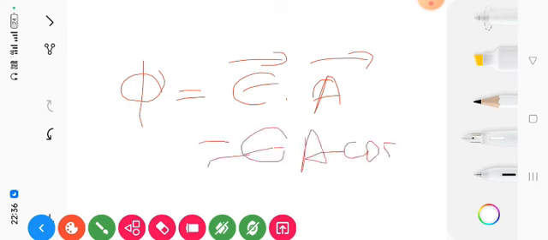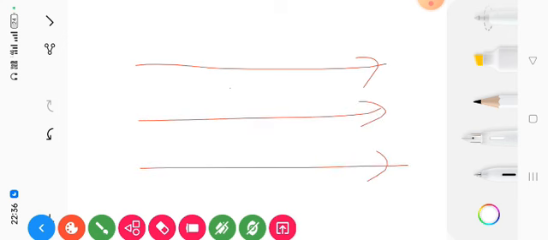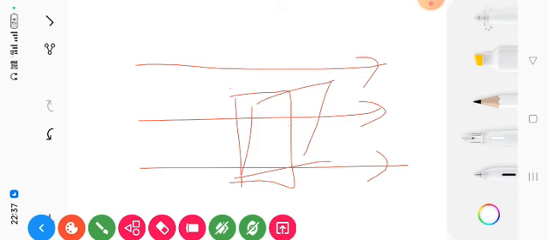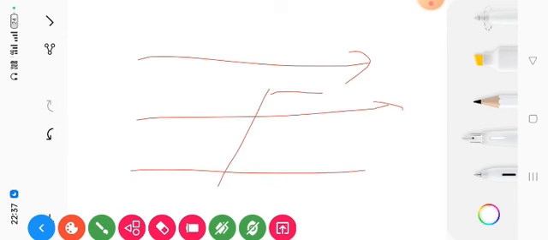Why cos theta? Because we are concerned only with those electric field lines which are perpendicular to this area. Suppose the area is tilted here. Either we can take the component of the area perpendicular to the electric field, or better, just take the component of the electric field perpendicular to this area.